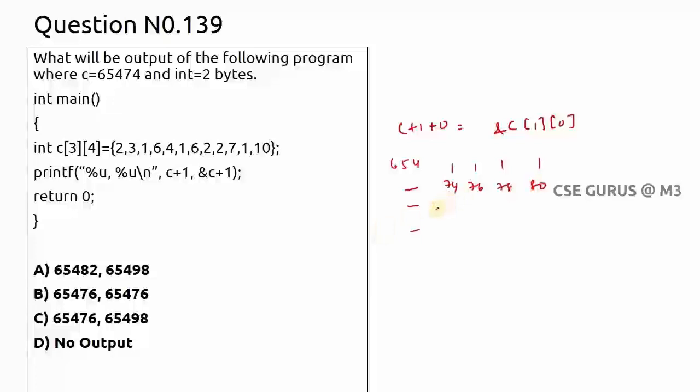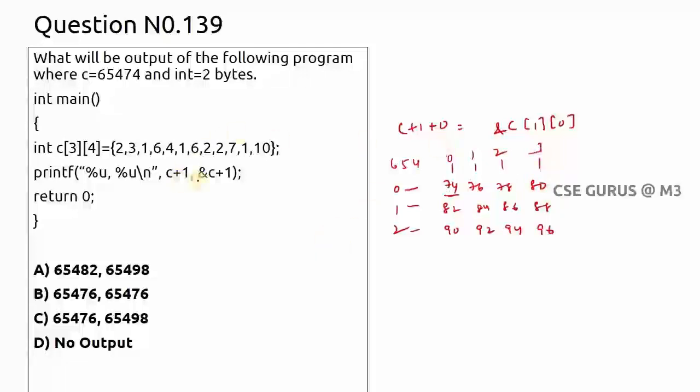Next it will be taken from 82, 84, 86, 88. Next 90, 92, 94, 96. That means this is c[0][0]. Index starts from 0. That's why the c[0][0] address is 65,474. c[0][1] will be 65,476. Next 478, 80. Like this it will be.